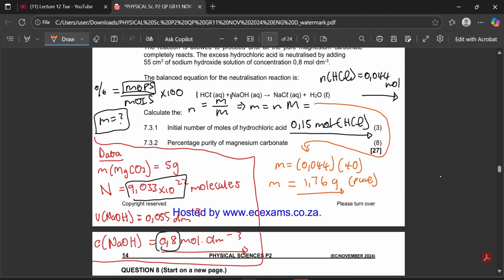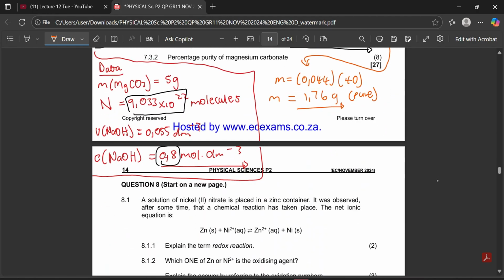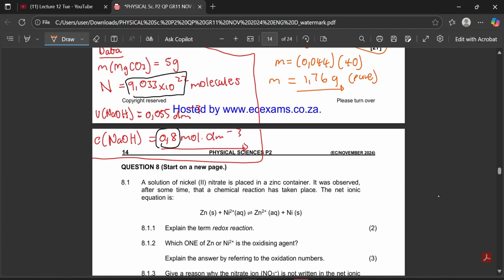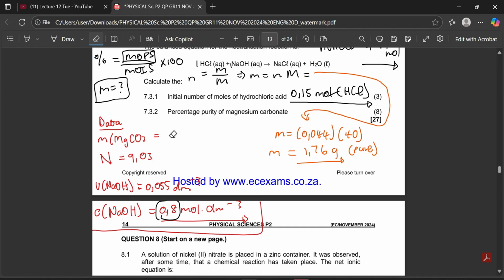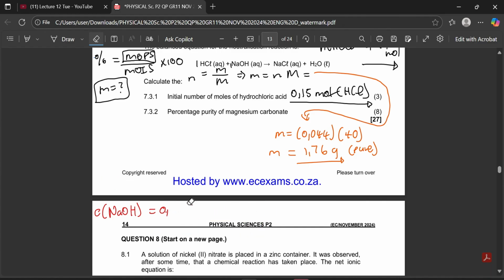Now, another very important thing: when you're determining your percentage purity, you are actually determining a percentage. And never in a million years will a percentage be greater than 100, especially with the restrictions in the grade 11 syllabus. Well, it would depend on the topic, but in physics and maths, you should never get a percentage greater than 100.